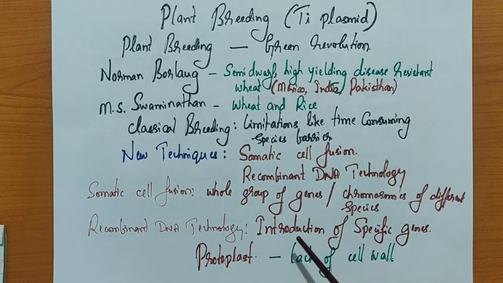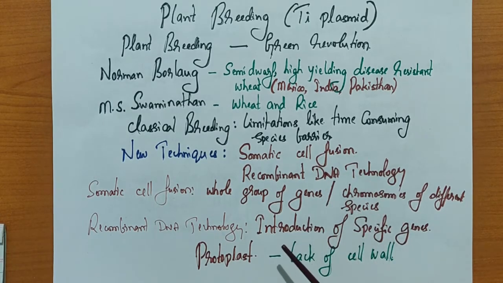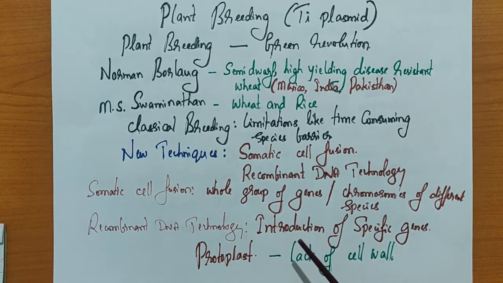Whereas in recombinant DNA technology, the famous example is Bt cotton. A toxin gene has been introduced into the cotton variety so that it can be resistant to pests. Simultaneously, we also have Bt brinjal. Now we also have golden rice.